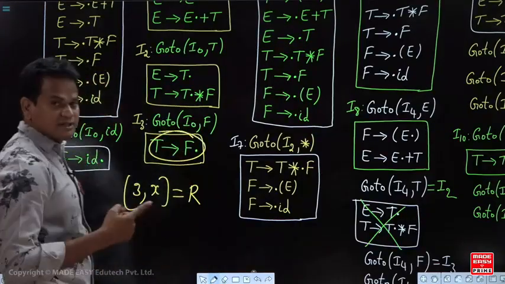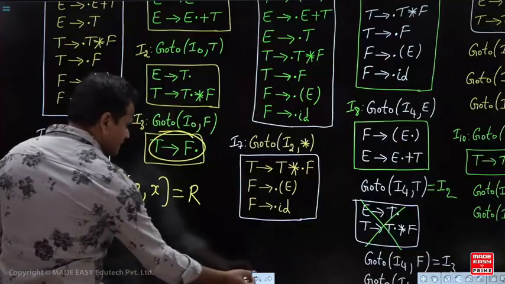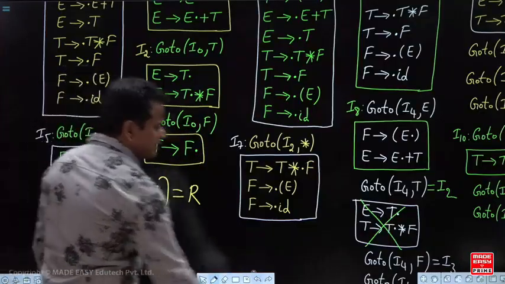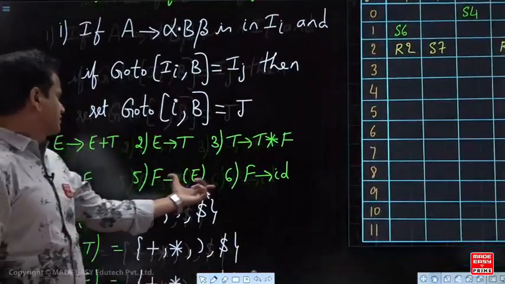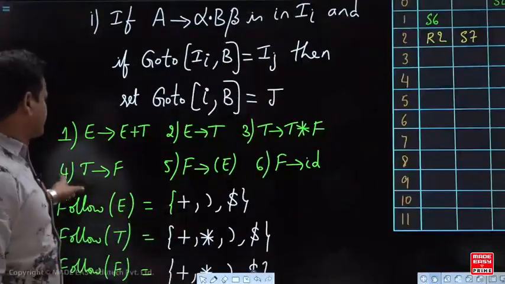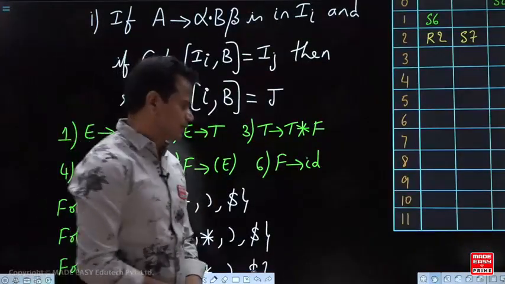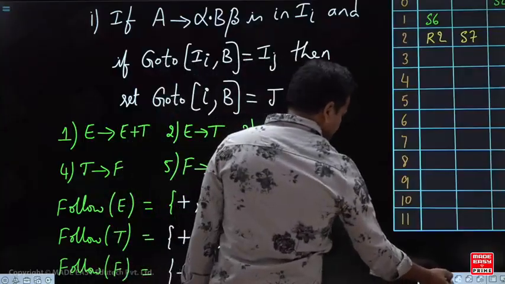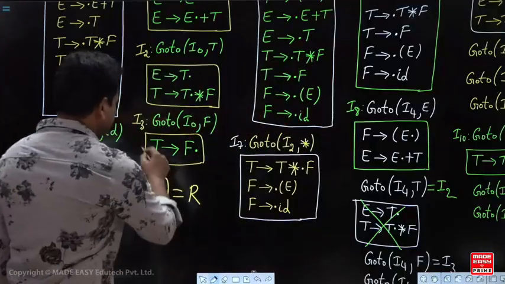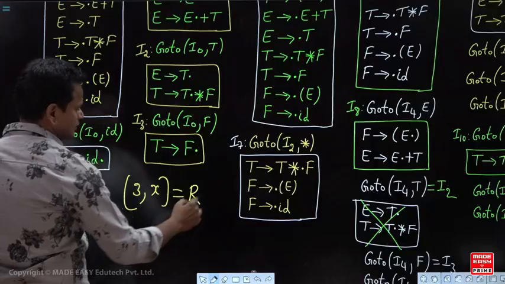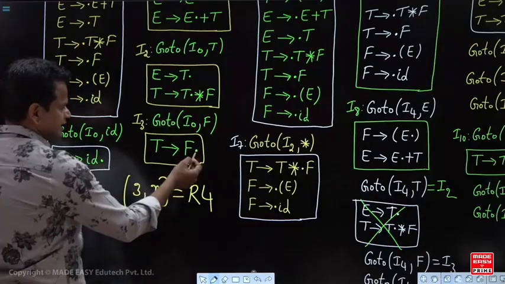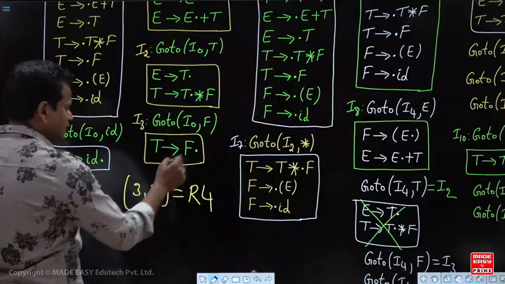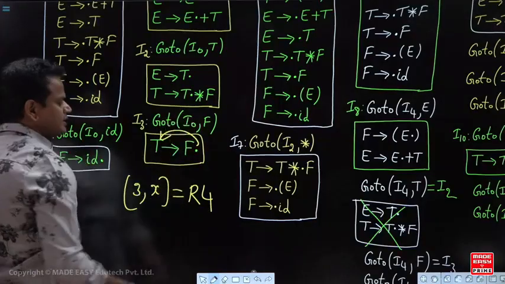Okay. Whenever the dot reaches the end, reduce, and reduce by T derives F. What is the number of T derives F? T derives F number is here 4. Therefore, in third row, xth column, we write R4. Why reduce? Final item. The number is 4. And what is X? Follow of T. What is follow of T?